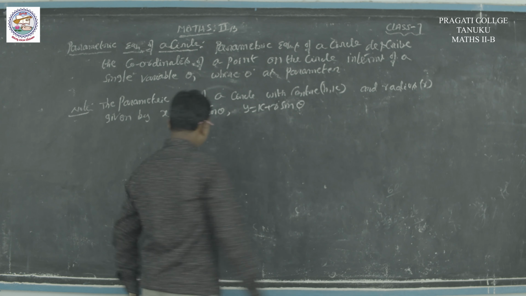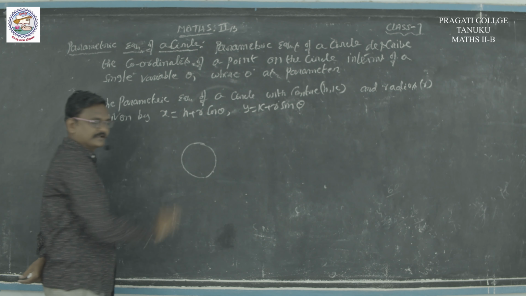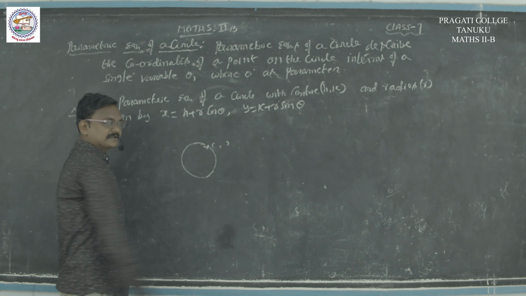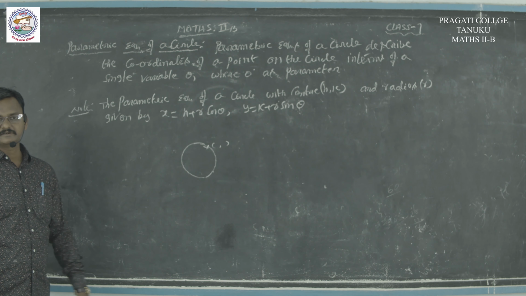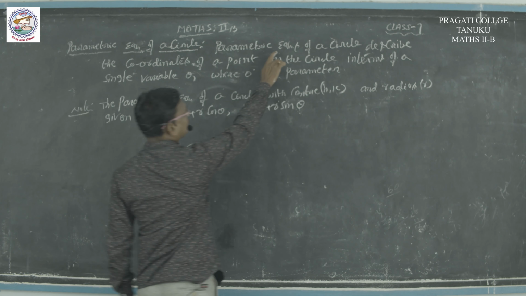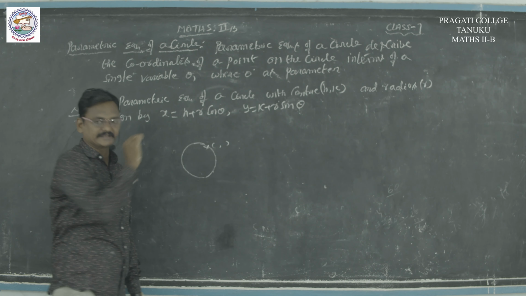That means circle means a set of points, we know already. All those are denoted by coordinate pairs like x comma y or a comma b or alpha comma beta. Here parametric equation of a circle describes the coordinates of a point on the circle.